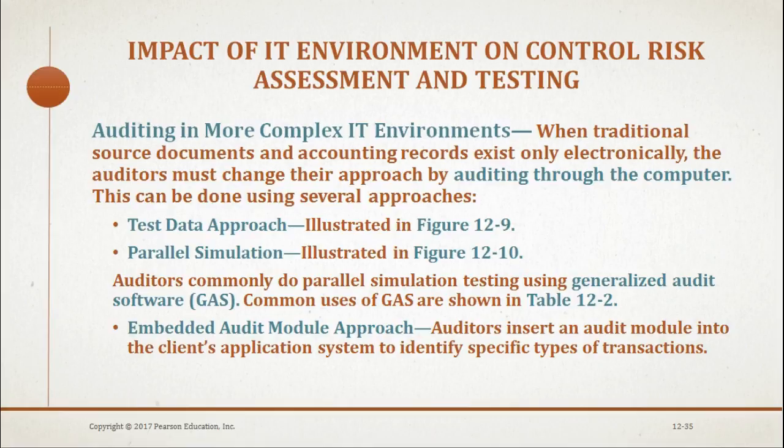This can be done using several approaches such as the test data approach, the parallel simulation, which auditors commonly do using generalized audit software, and lastly, the embedded audit module approach, where auditors insert an audit module into the client's application system to identify specific types of transactions.